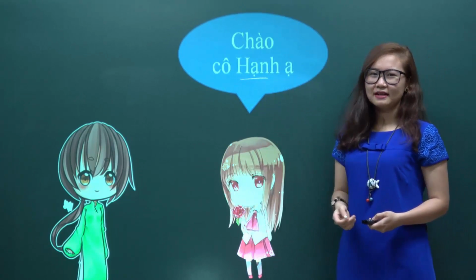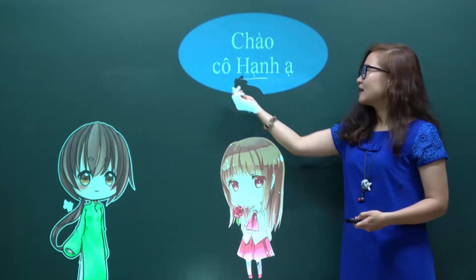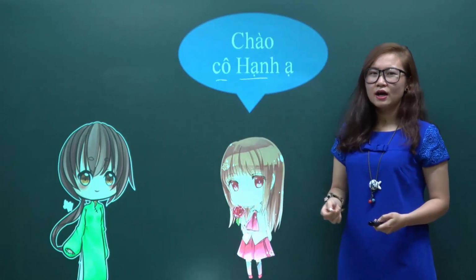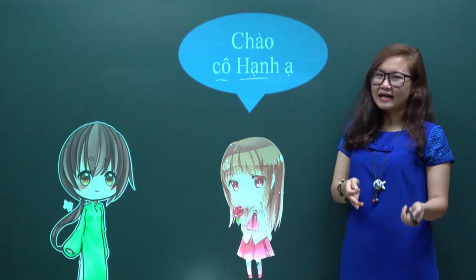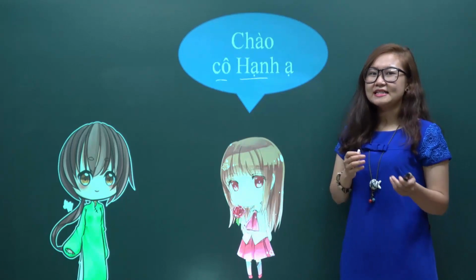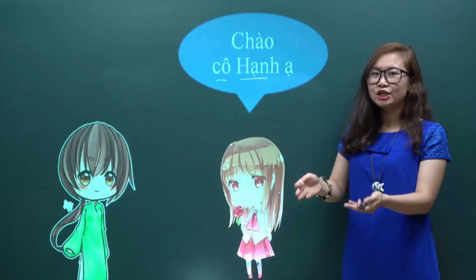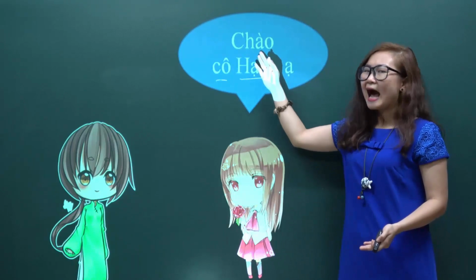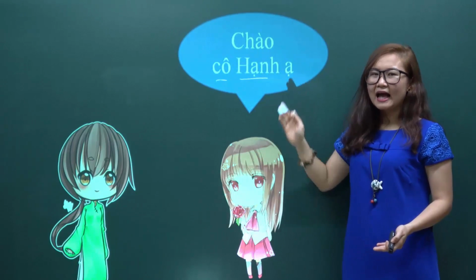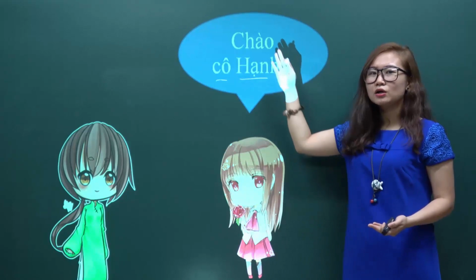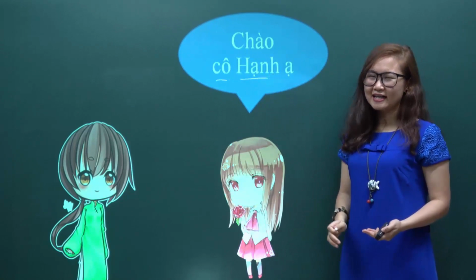Hạnh is my name. Cô here means aunt, but in this situation, cô refers to a female teacher. So chào cô Hạnh ạ can be translated as hello Miss Hạnh.